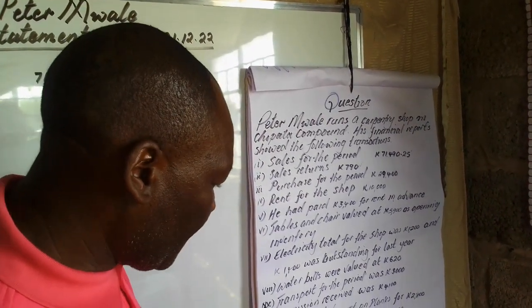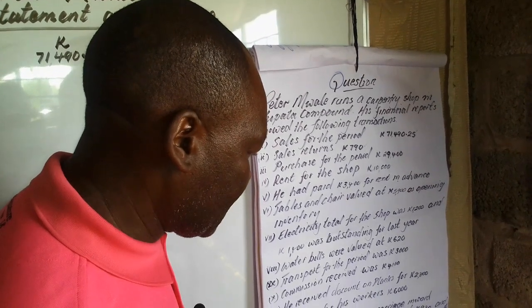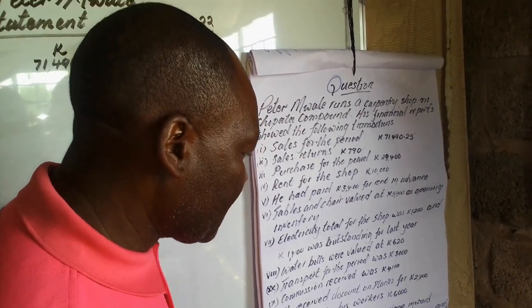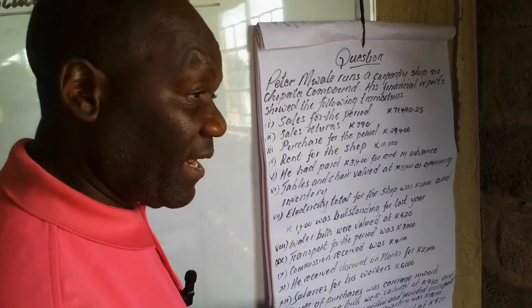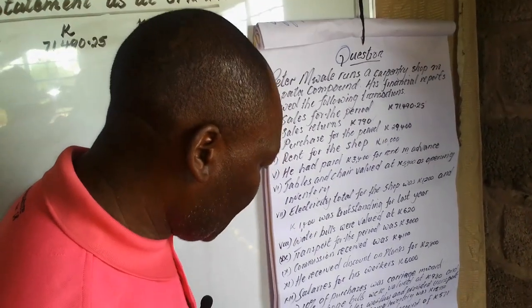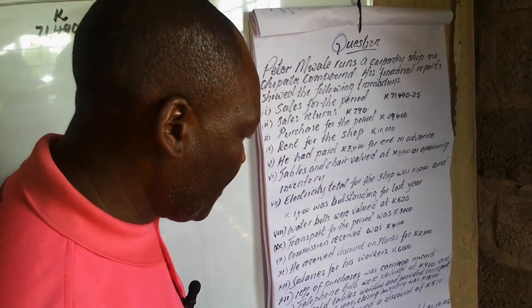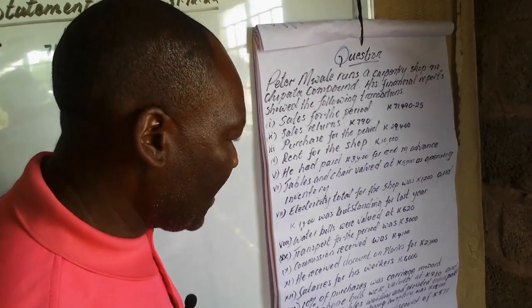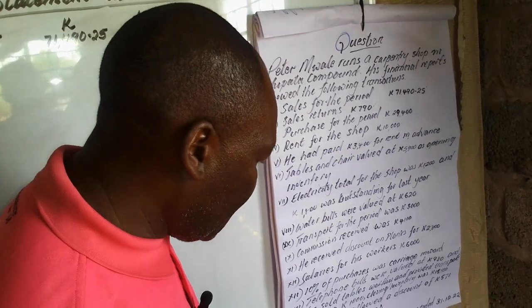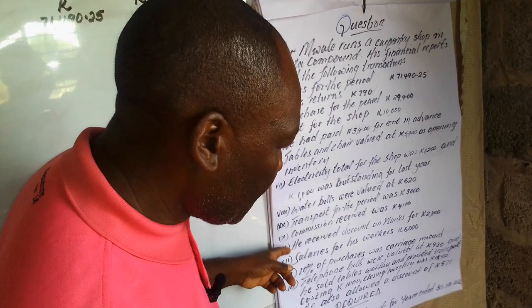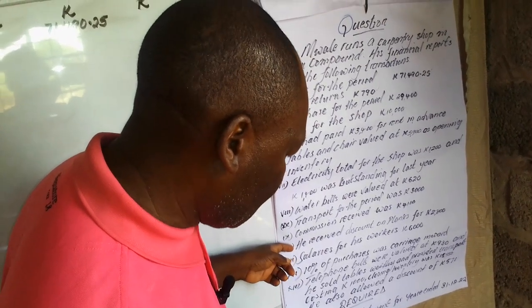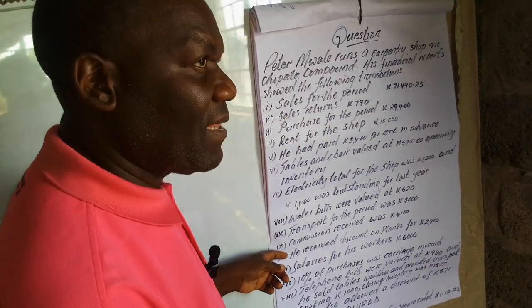It says 10% of purchases was carried inwards. Then telephone bills were valued at 980, and he sold the tables and provided transport costing 1,000.